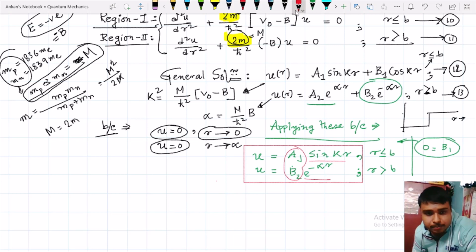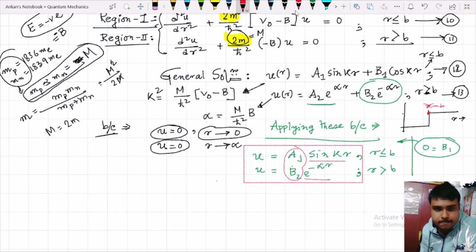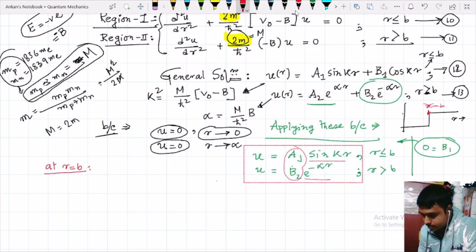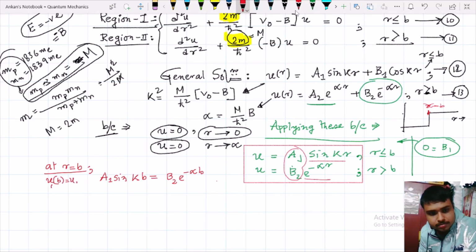So at the boundary, that is at r equal to b, the two wave functions should be equal. So at r equal to b, a1 sin kb is equal to b2 e to the power minus alpha b. This is u1(b) equal to u2(b), if we name them u1 and u2.